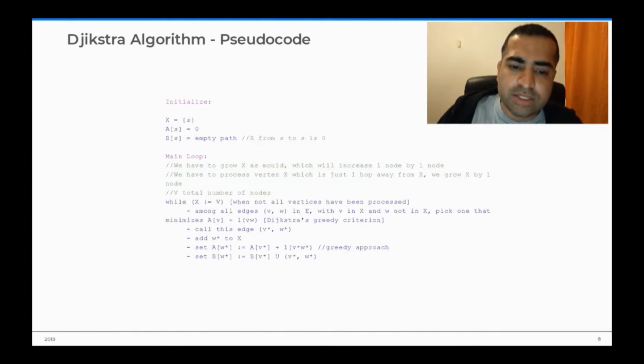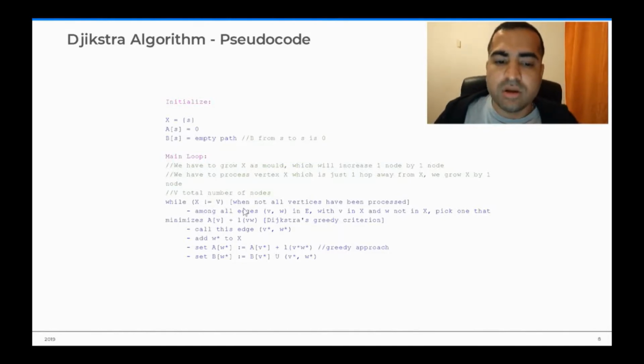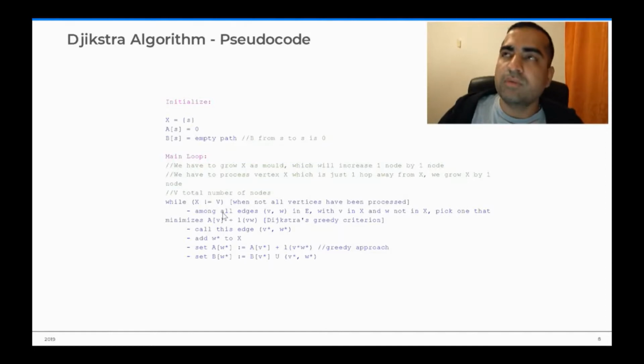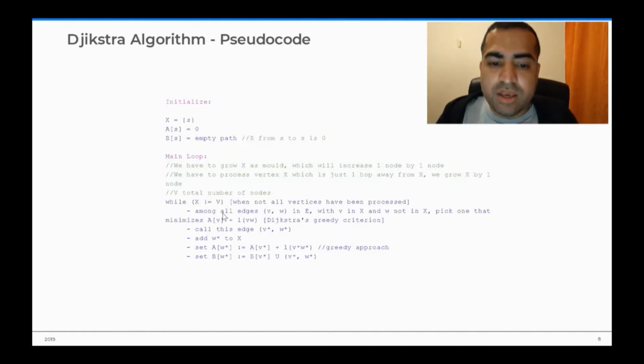The loop works until we have covered all the vertices. X is the set of covered vertices, V is the set of all vertices, and E is the set of all edges. Now we look at a vertex w which is not part of X yet but is part of V, and a vertex v which is part of X and was part of V earlier.